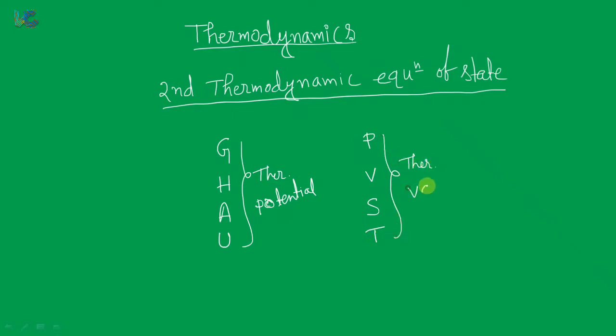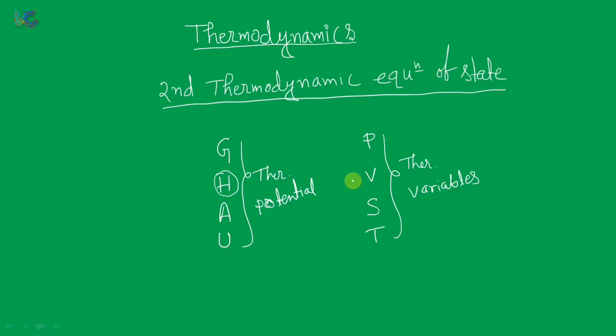If we want to measure the variation of a thermodynamic potential, suppose the variation of H, with respect to change in a variable, that can be known from the thermodynamic equation of state. This we have discussed in our previous class.